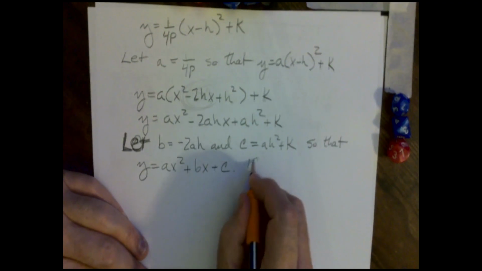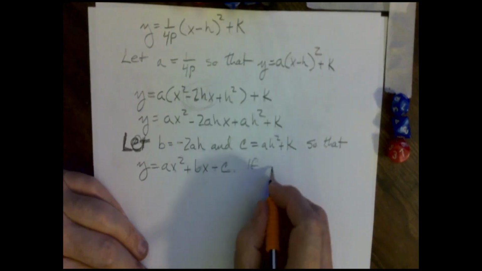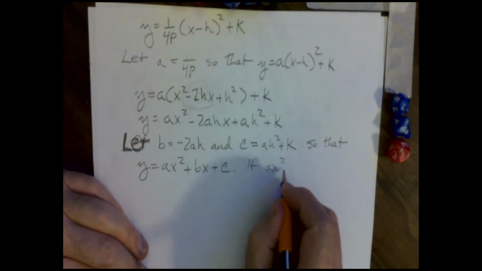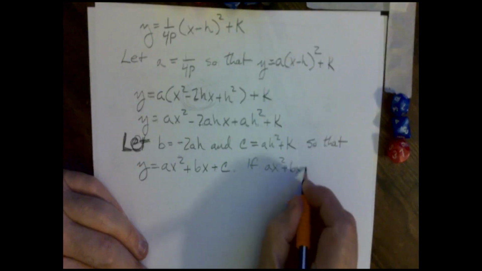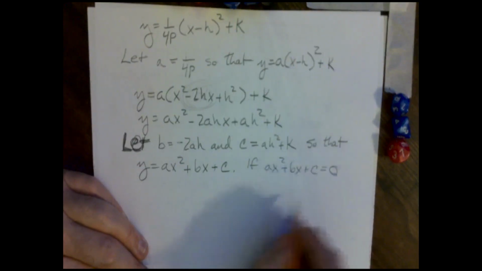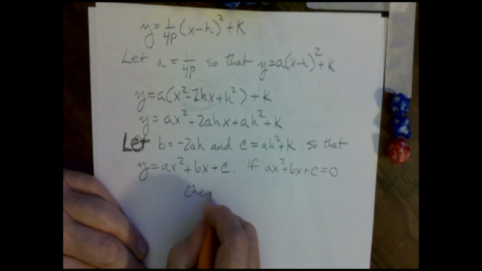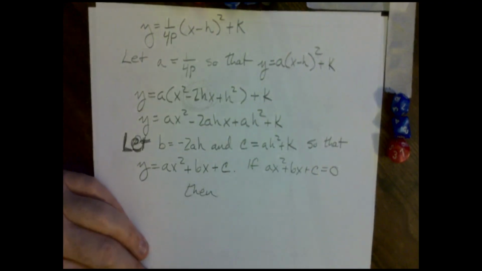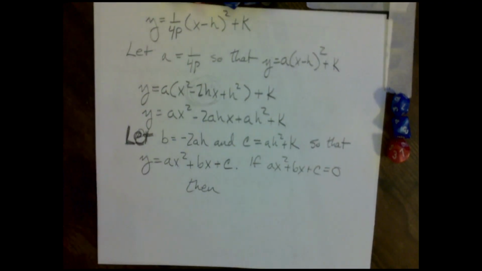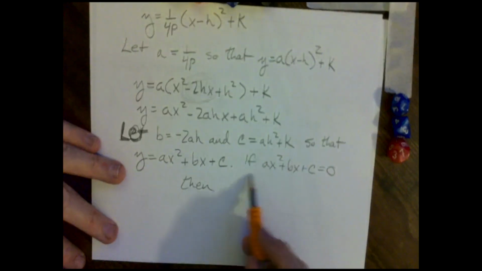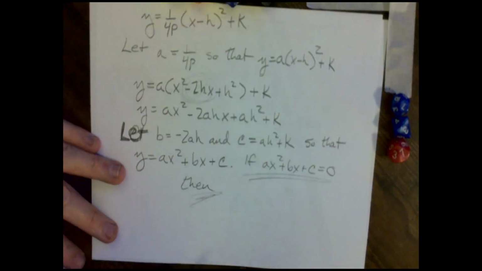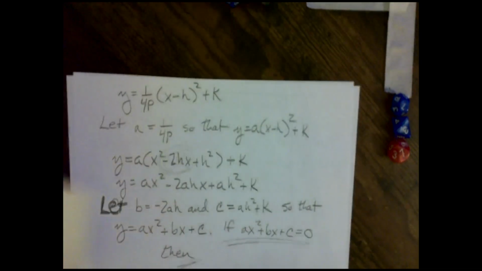So if ax squared plus bx plus c equals 0, then I'm going to get another piece of paper. We'll just do this on another page. So if this, then what?